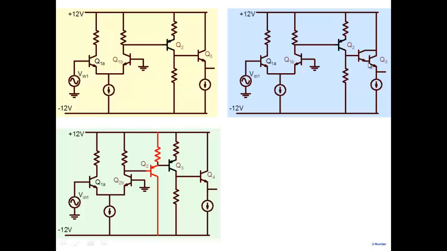Not only that, there are various other options. You can use a Darlington stage to lower the output resistance. You could have used this one also as a Darlington stage. I can take Q1 and put an amplifier like this at the input stage, and then you can easily obtain a megaohm kind of input resistance.